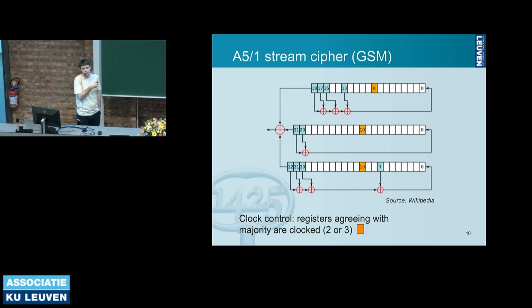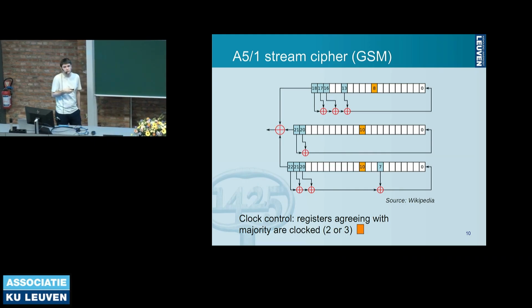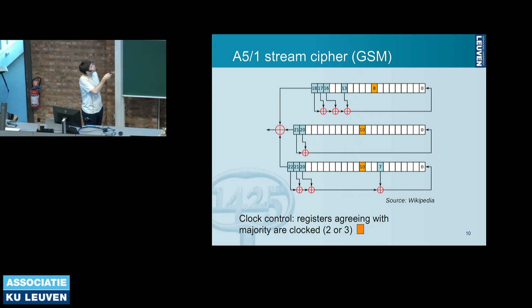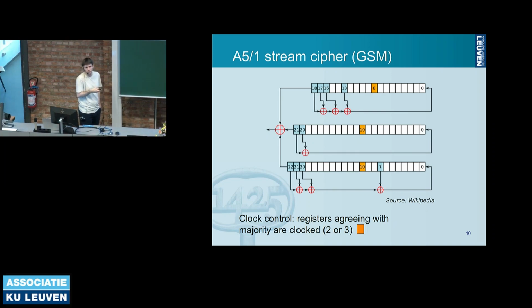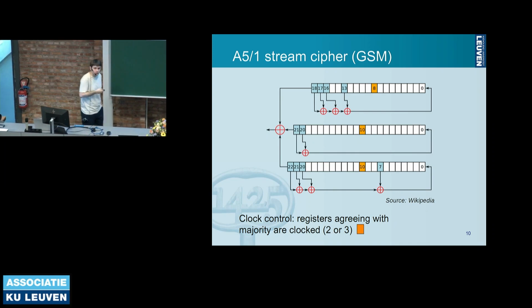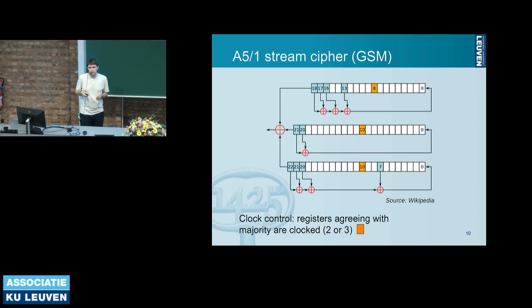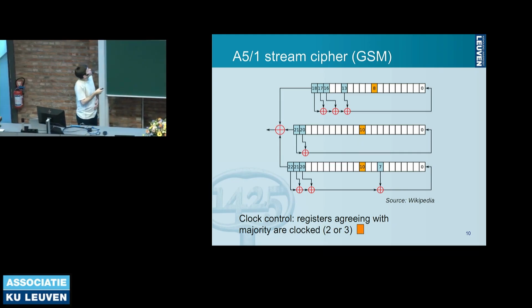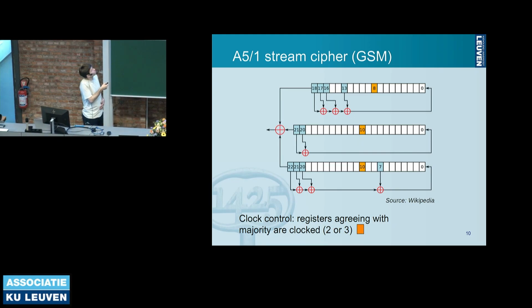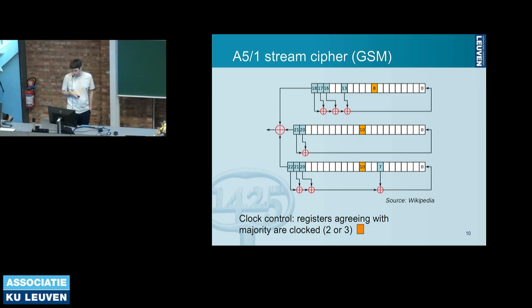So let's suppose the majority is 1, then it only clocks if this bit is actually a 1. Because the majority is a nonlinear function, that ensures that this update is actually nonlinear. Although it's actually 3 LFSRs, they're just not always clocked, depending on a condition.